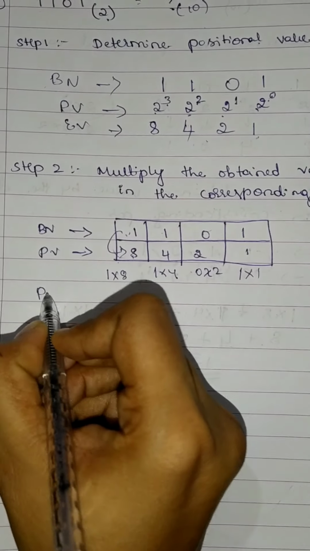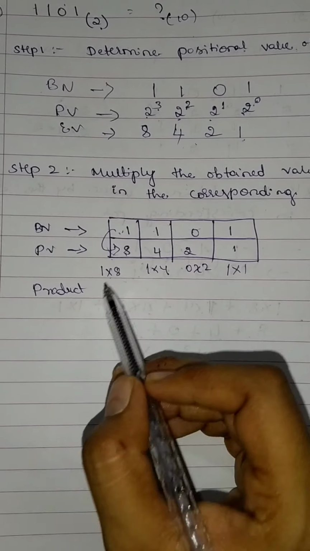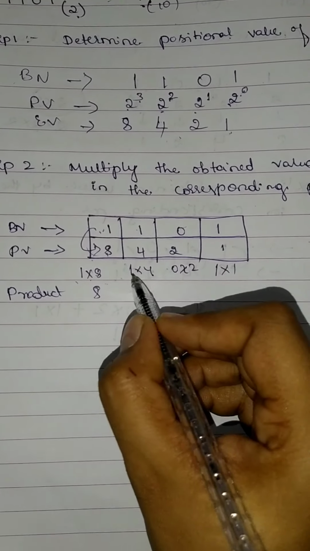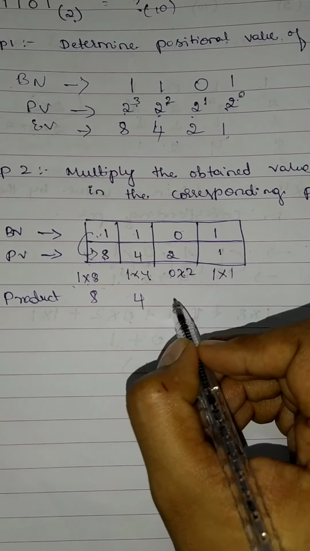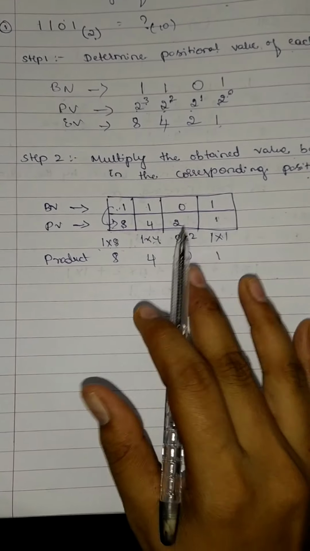What will be the products? 1 8 is 8, 1 4 is 4, 0 into 2 is 0, and 1 1 is 1. This is the second step.